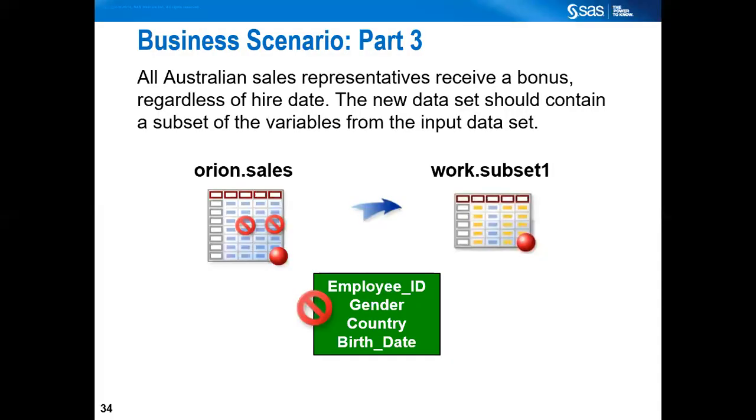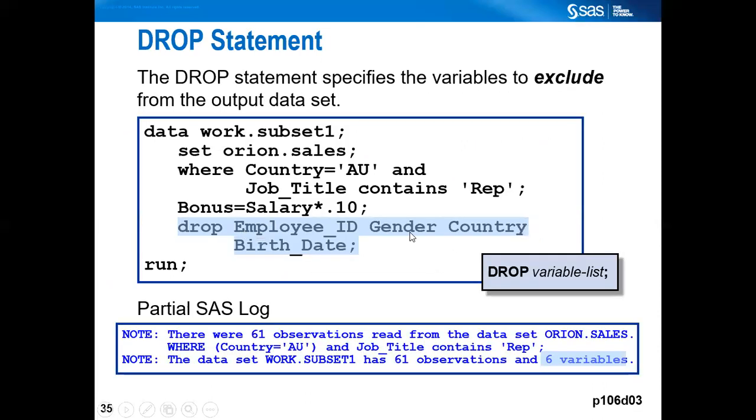So see, it's telling we don't want to select these variables from input to output data set. So you use drop. When you are using drop, that means keep those which you have not mentioned in your drop statement. So either you use drop or you use keep. No need of writing both the statements.